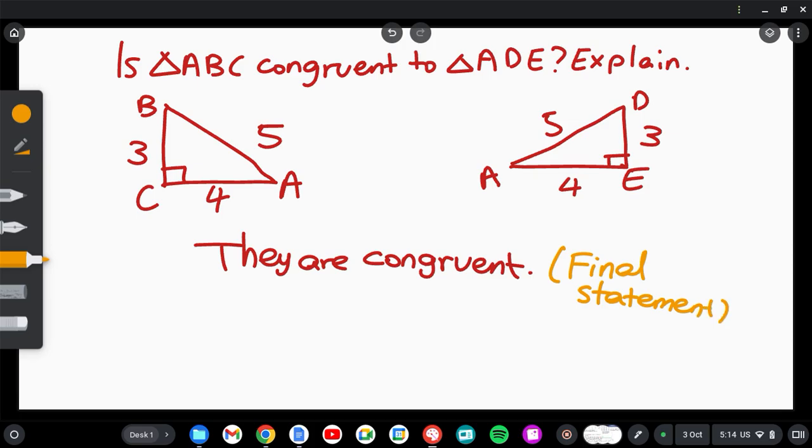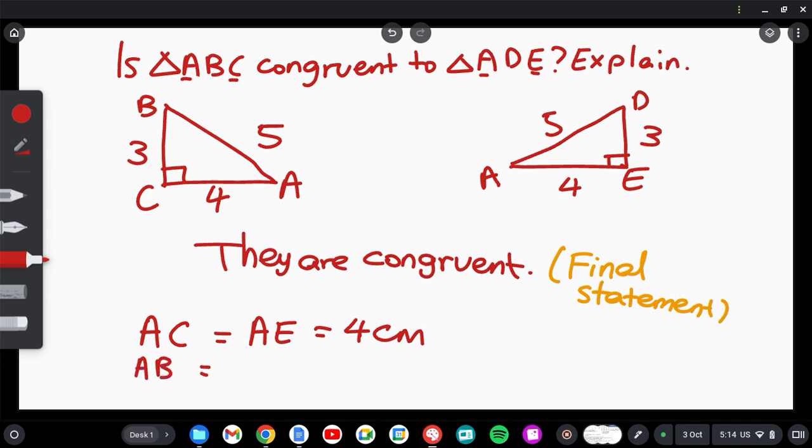This is your final statement. So if you straight away write this, I cannot give you 1 mark. You must write this. AC equals AE. Always make sure you follow the lettering correctly. If there's a value, you will say that it is 4. In this case my units are in cm, so it will be cm.